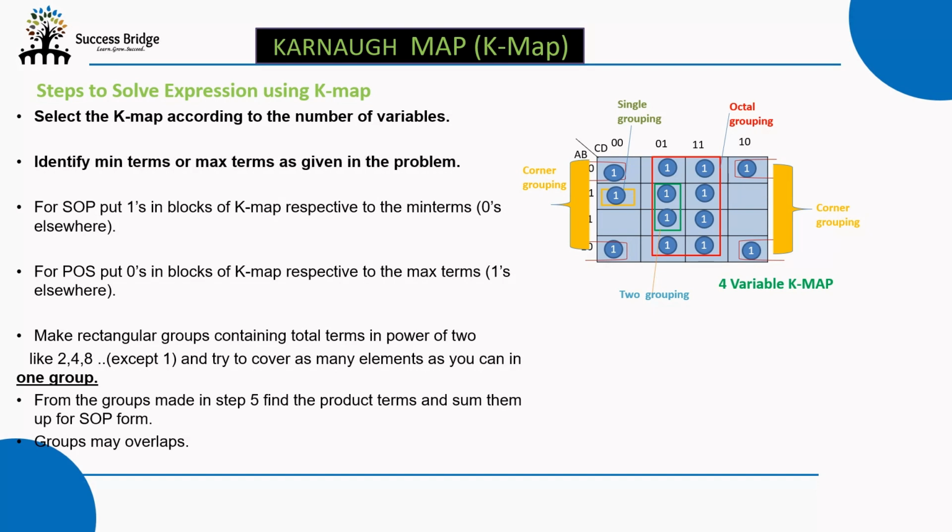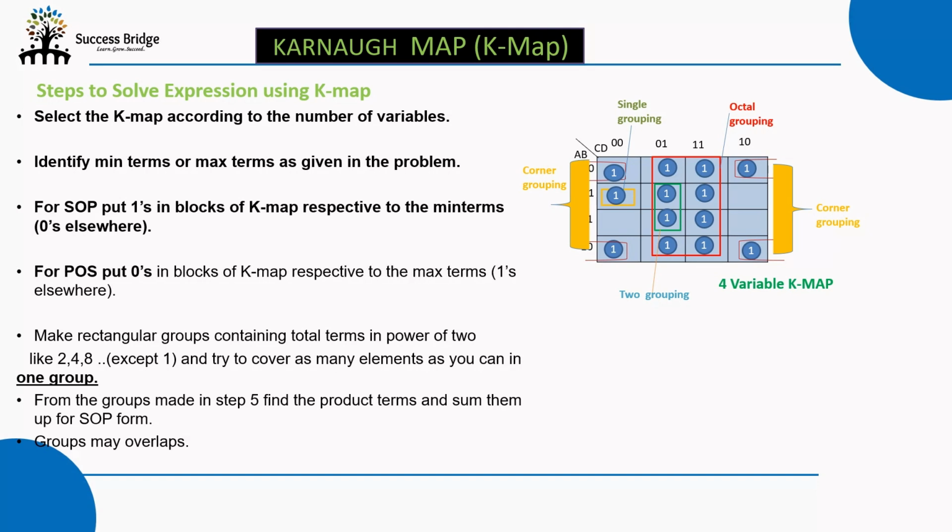The second step is to identify the terms. This is nothing but minterms or maxterms, or SOP form or POS form, as given in the problem. The next step: if the problem is given in SOP form, then the grouping is done on ones. When the problem is given in POS form, then the grouping is done on zeros.